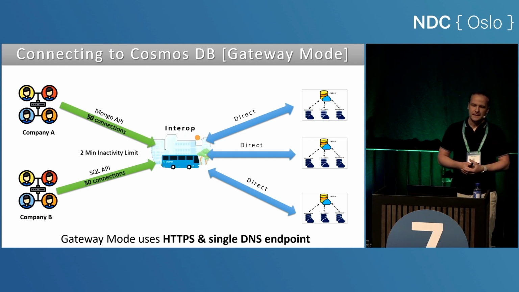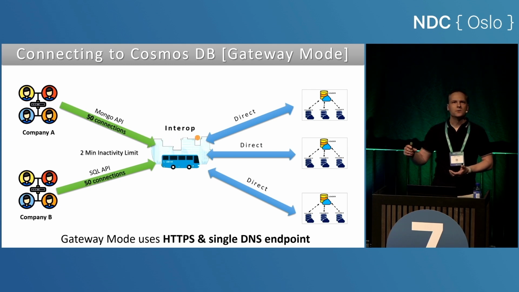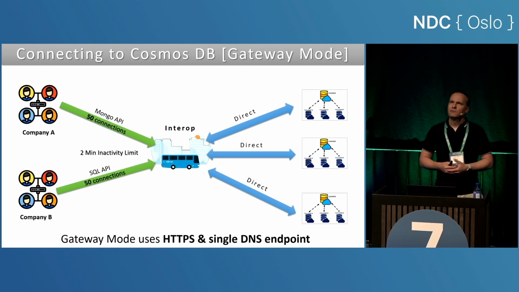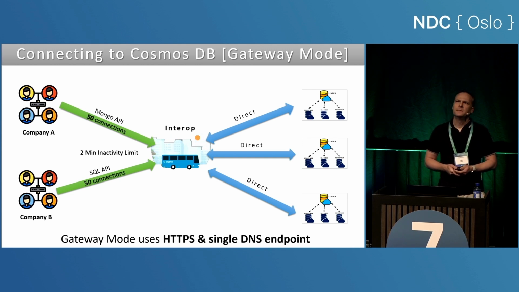Also, in this case, let's say we have two different companies. One is using the Mongo API, the other one is using the SQL API. They are using the same server here. Just like the web browser, whenever you try to open connections to web applications, there's a limit, like 50 connections. If your application is really busy, you can actually override that number for Cosmos DB.